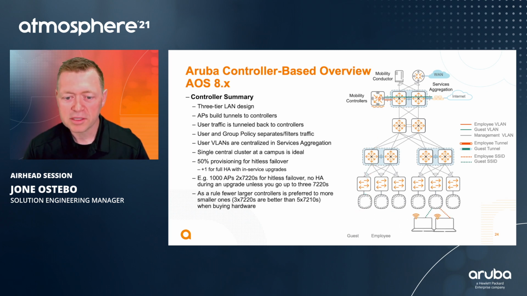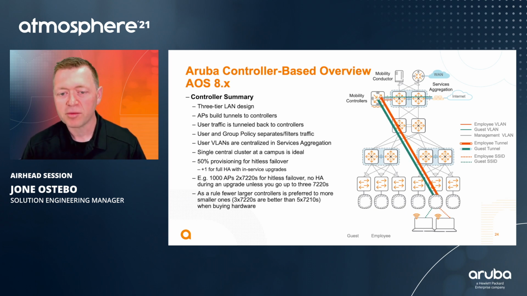If you now look in a scenario where these two users are moving, the traffic will still be terminated on the mobility controller and not by the AP itself. The AP is just forwarding the packets. Another key element with this is that the client doesn't need to do a renegotiation of an encryption tunnel like they would do on an Instant.